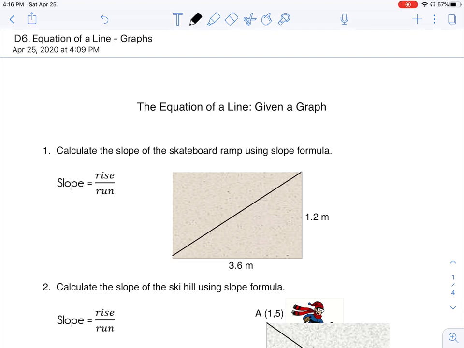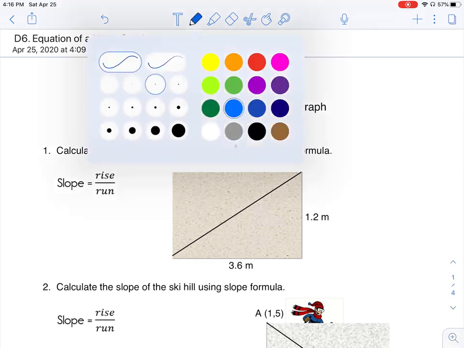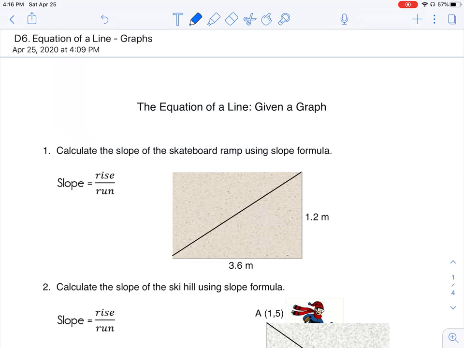So calculate the slope of the skateboard ramp using the formula. The way that this copied into my writing software is not the same as what you see, but the dimensions are the same, so we can still use it. So the slope is the rise over the run, which we know to look at the rise being on the up-down portion.